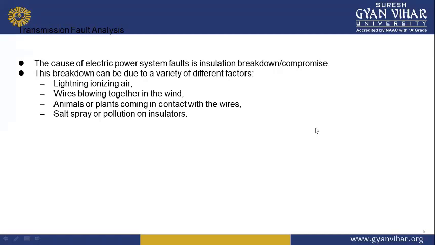Another reason is that during the rainy seasons or storms, due to the heavy wind, trees fall on the transmission lines or conductors, or sometimes animals may come in contact with these conductors.